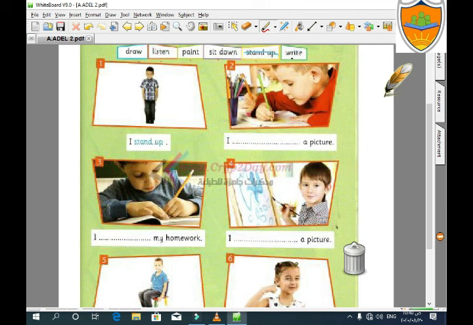Number 2, I draw a picture. Number 3, I write my homework.